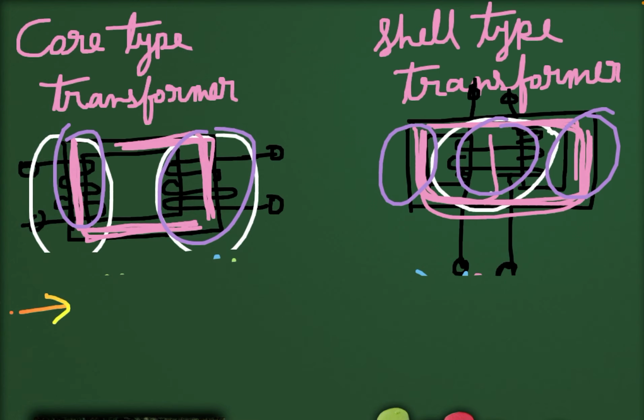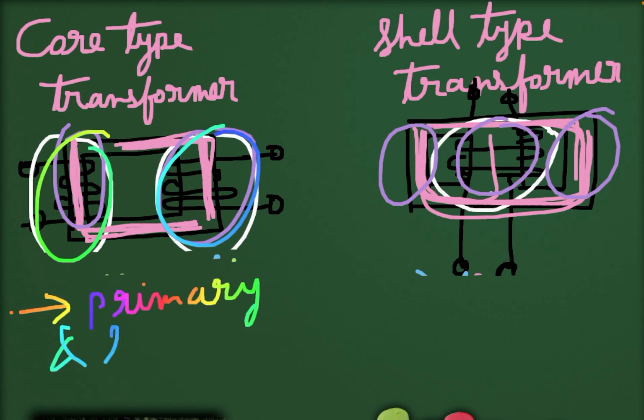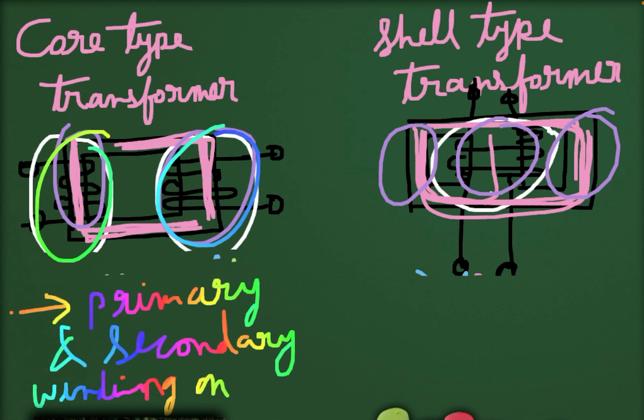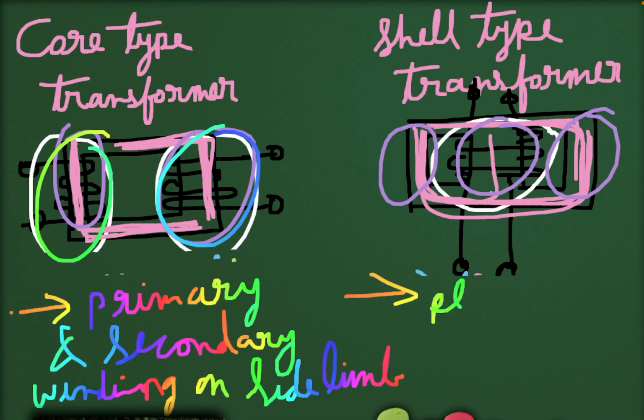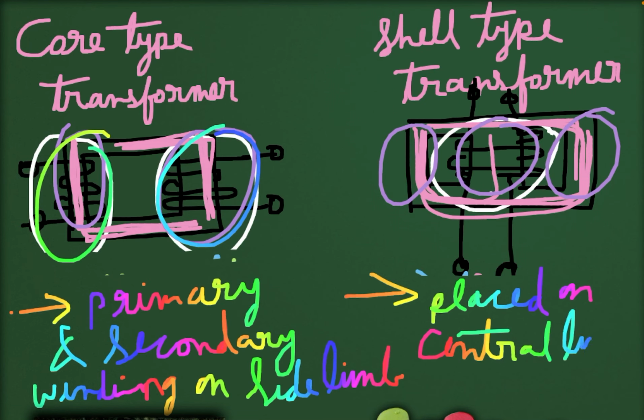Here in the core type the primary and secondary windings are placed on the side limbs, while in the case of shell type the primary and secondary windings are placed on the central limb.